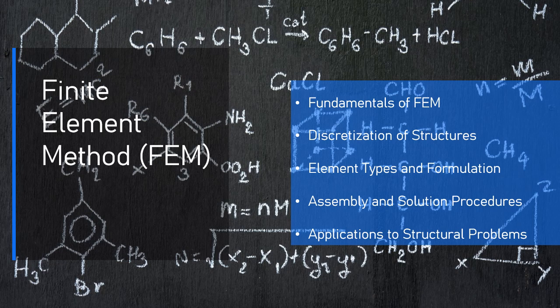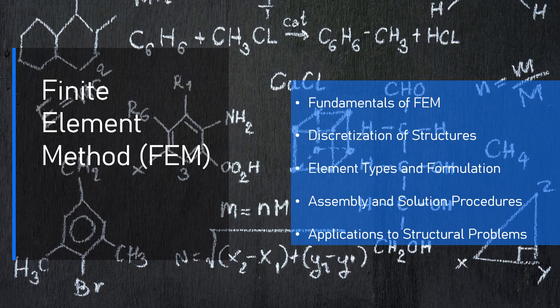For 3D structures, the space is divided into tetrahedra or hexahedra. Define the mesh density. The size and number of elements will determine the accuracy of the solution. A finer mesh, with smaller elements, provides a more accurate solution but increases computational cost, while a coarse mesh reduces computation time but may compromise accuracy.